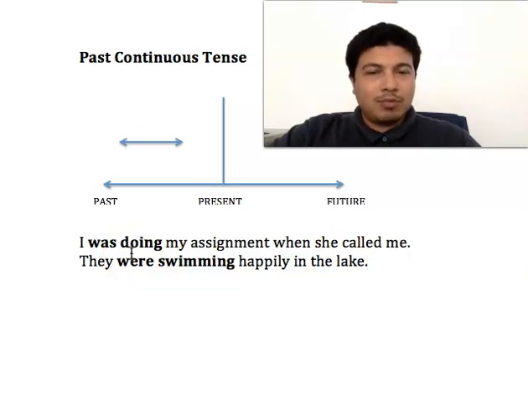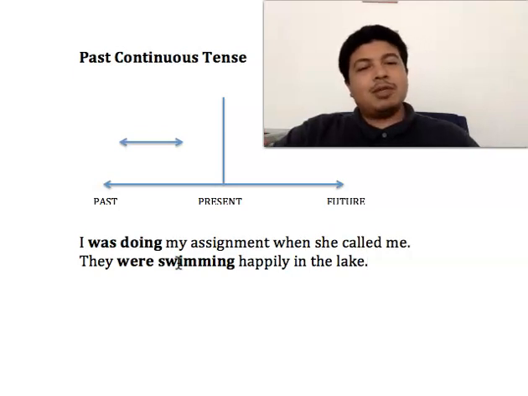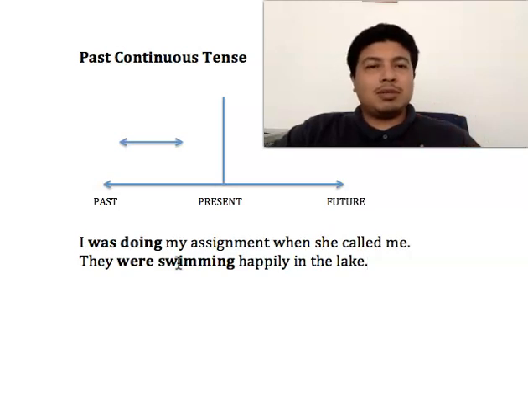So when you say they were swimming, the situation would be they were in the process of swimming. But when you say they swam, it is a fact of what happened. But when you say they were swimming, your focus is you want to tell people that they were in the process of doing something, which was swimming.